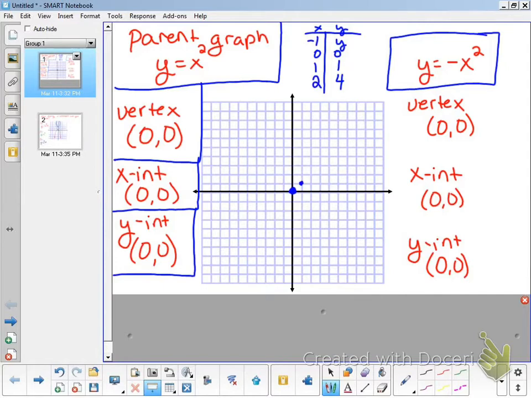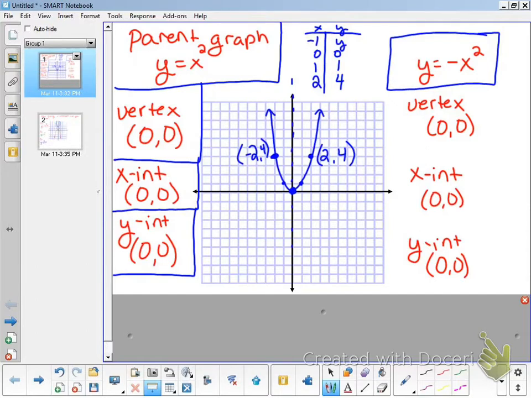Here's 1 and 1, -1 and 1, and then 2, 4, and then we talked about how there are points that reflect over the axis of symmetry. So you can see that this point right here that I'm talking about at 2, 4 has a reflected point across the axis of symmetry that is -2, 4. So that allows us to sketch the graph.